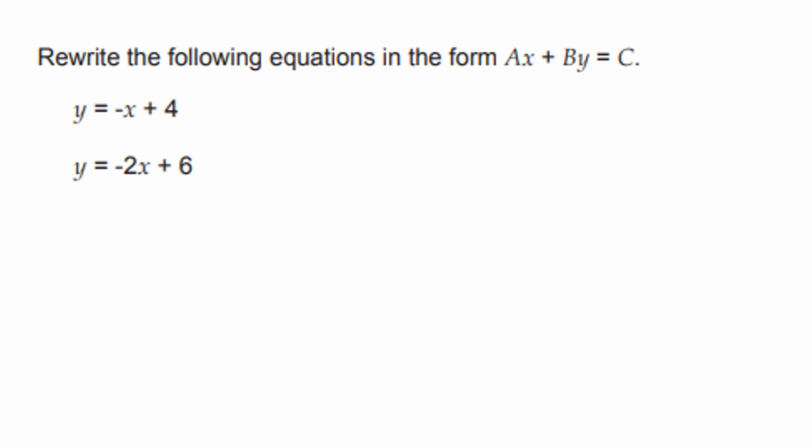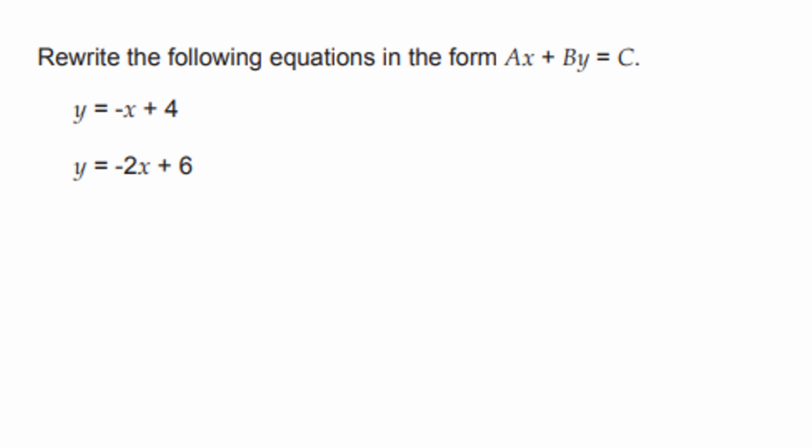Let us practice more on rewriting equations in the form ax plus by equals c. So again, the given linear function or linear equation are in a slope-intercept form. And what we need to do is to transform it to standard form.